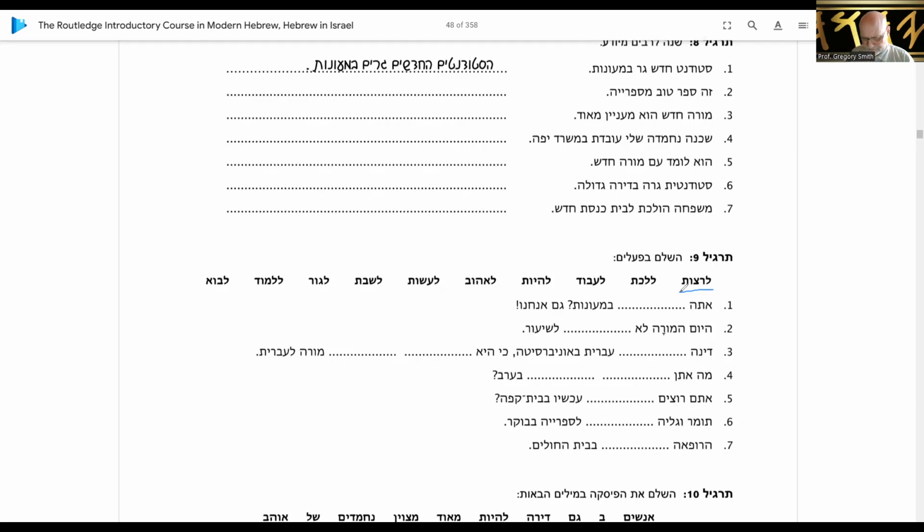So let's see what we can figure out here. This is a pretty easy one because we just have to figure out which one goes in there. Ata blank bameonot. Are you in the dormitories? Are you blank in the dormitories? Gam anachnu.